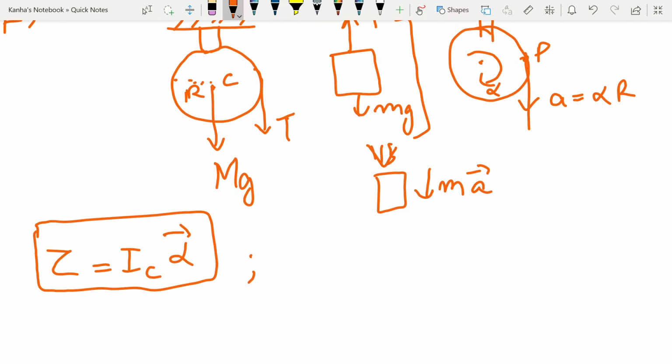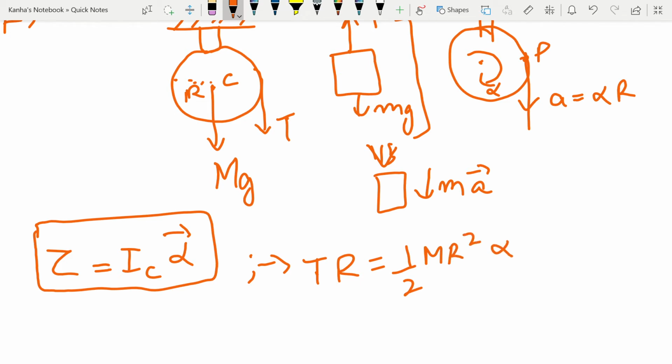So torque is equal to I_C into alpha, and we can substitute I_C is equal to half mR square. So basically from here I had T into R, which was the radius, is equal to half mR square into alpha.